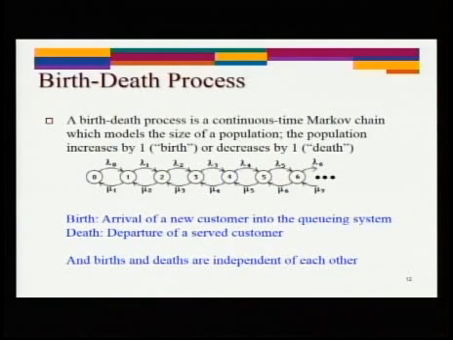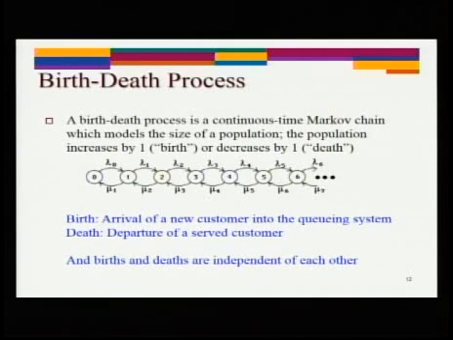Okay, earlier we talked about a birth-death process. That is a continuous-time stochastic process which models the size of a population. In the birth-death process, a birth increases the system state by 1.